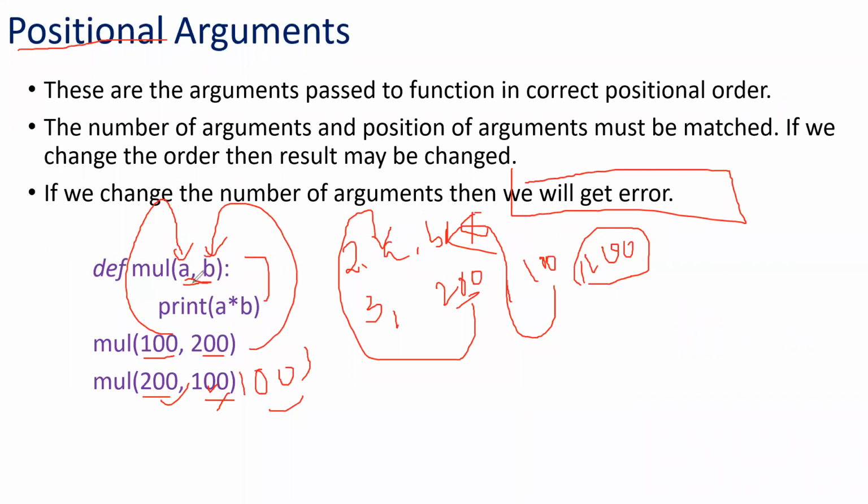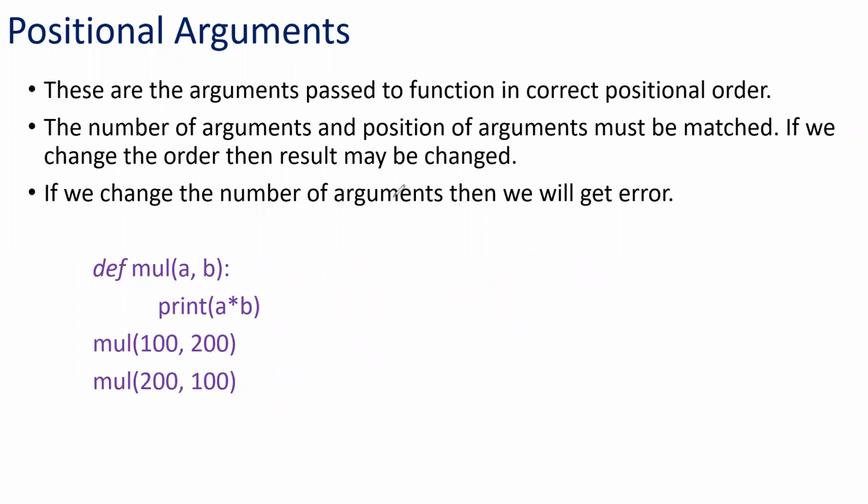The number of parameters here is A comma B only, 2 only, and you must give only 2 arguments. If you give 3 arguments, surely it will throw an error. Just keep it in mind: if we change the number of arguments, then you'll get an error.